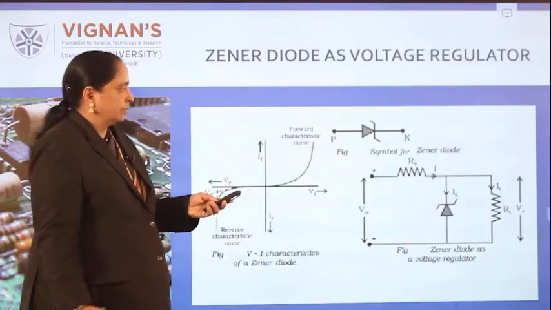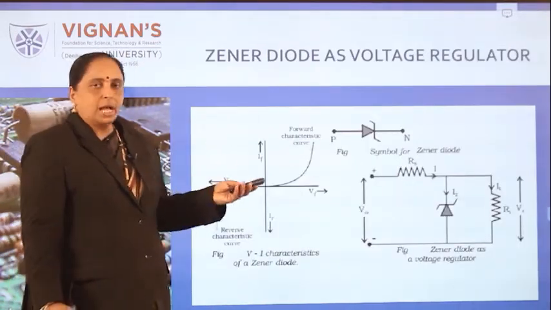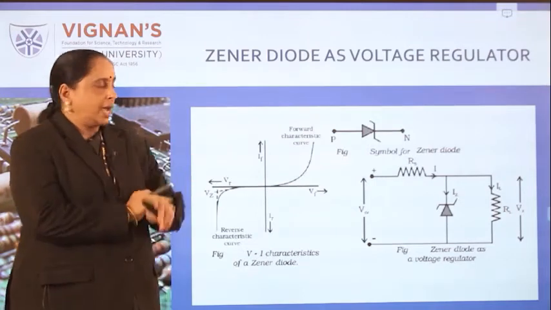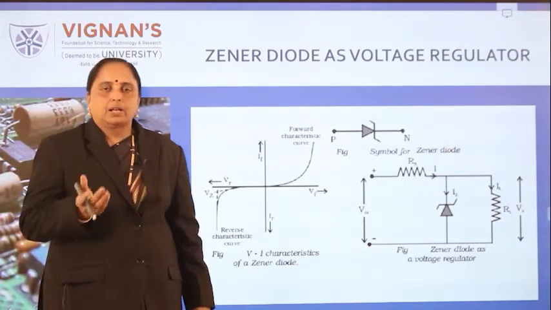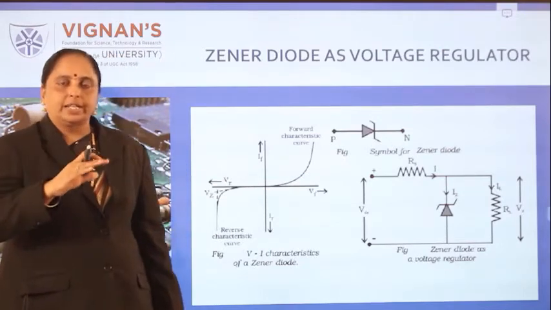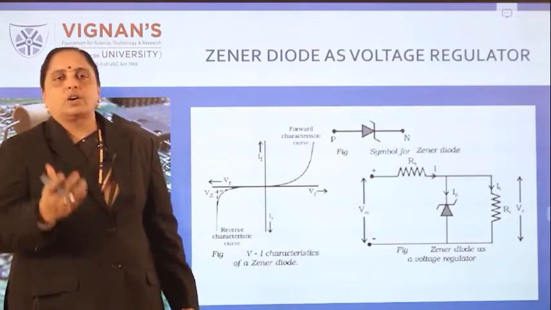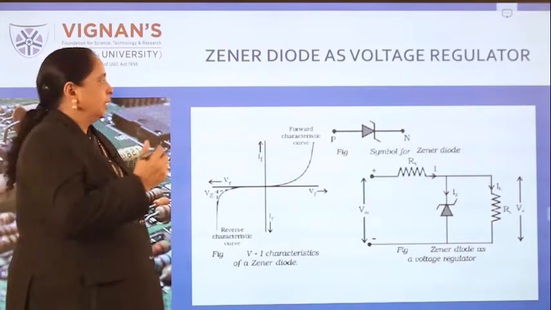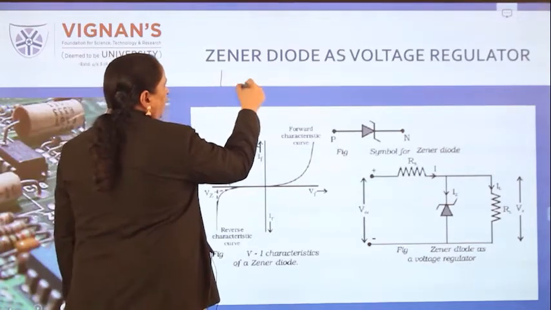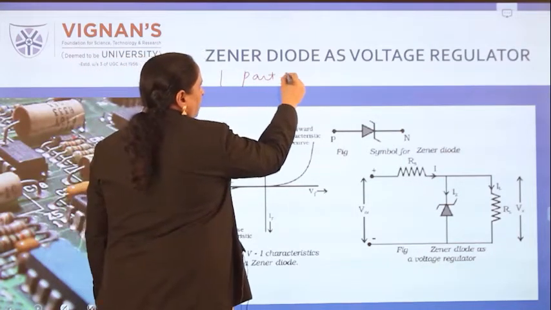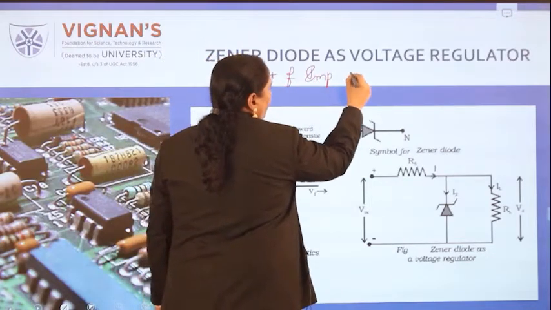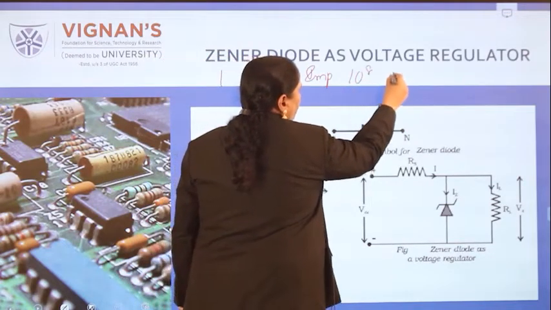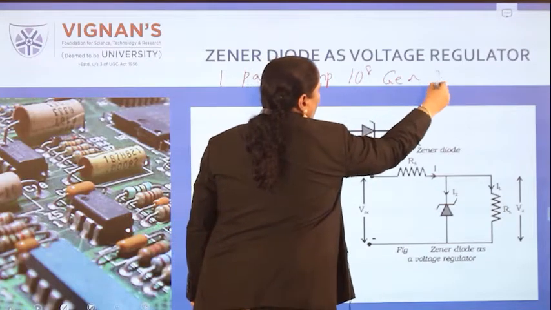Okay. So here, what is the application of a Zener diode as a PN junction diode? If the doping is heavily applied, then that will cause a Zener diode. In case of a normal diode, we have one part of impurity to 10 power 8 atoms of germanium or silicon.